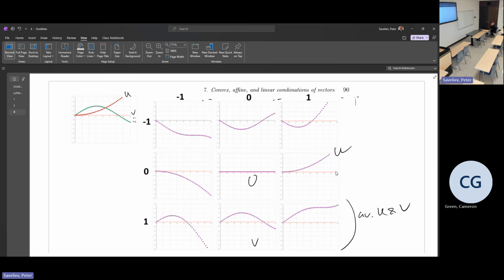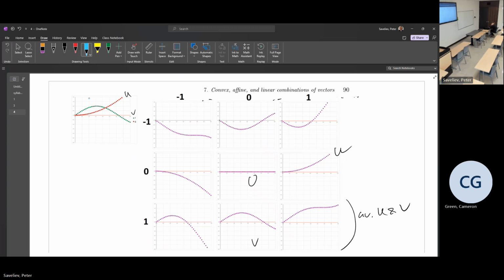So if I were to add another one here, say W, and I want to do the averages once again. Linear combination, there is really no challenge here.